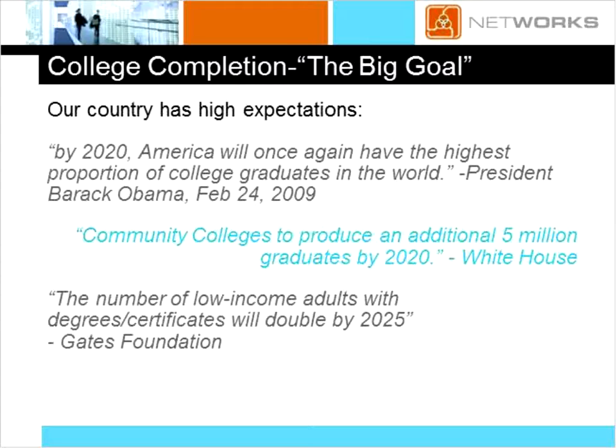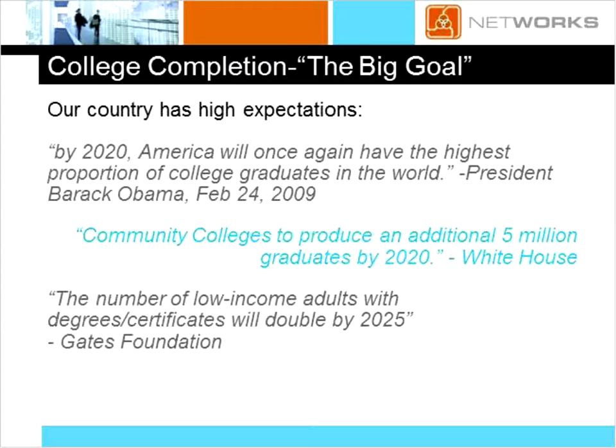So the President has set some pretty big goals around this. The first 2 quotes are coming out of the Obama administration. You can see that the President by 2020 wants America to have the highest proportion of college graduates in the world. Again, we're not there now.